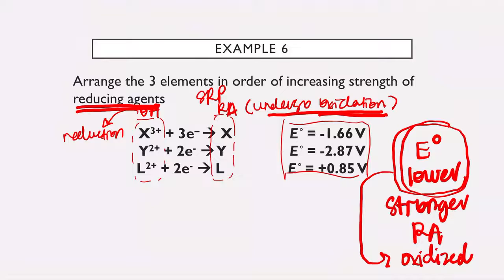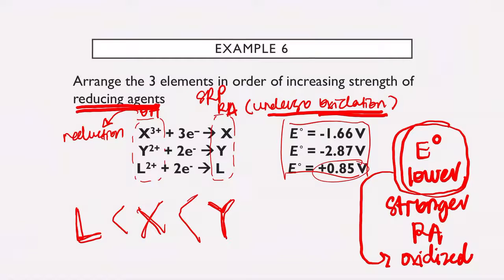So let's arrange lah daripada tinggi ke rendah. Okay. So siapa paling tinggi? L kan? L paling tinggi sebab dia positif. And then followed by X. And then siapa? Y kan? So maksudnya, who is the strongest reducing agent? Y, okay? Sorry.